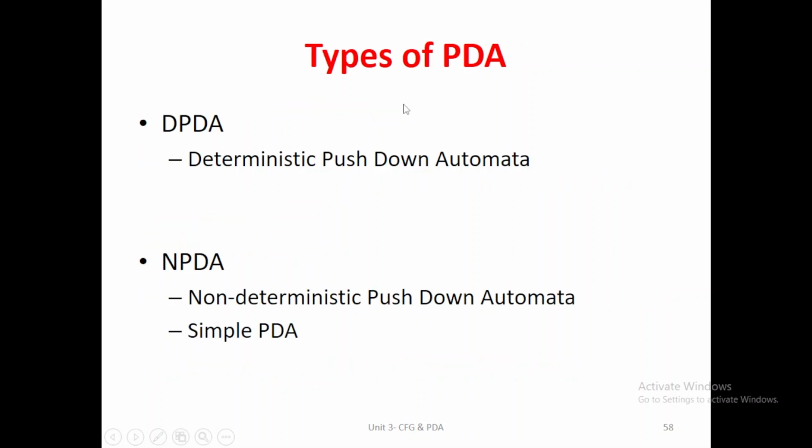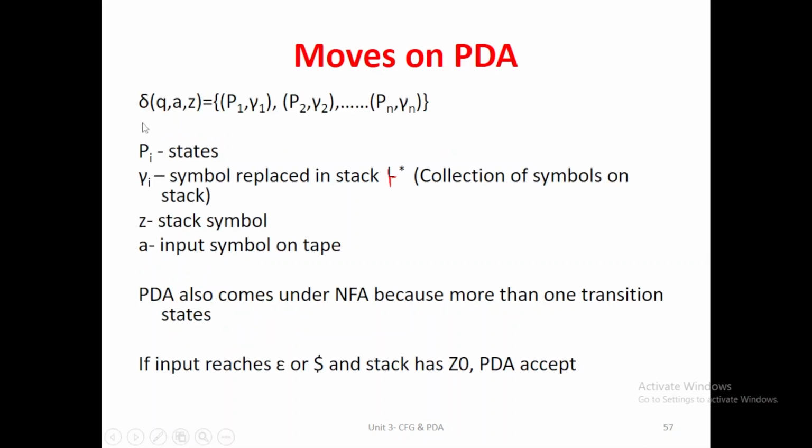And there are 2 types of PDA available: deterministic PDA and non-deterministic PDA. How can we identify the difference? If a transition function contains only one output value, then that is called a deterministic PDA.